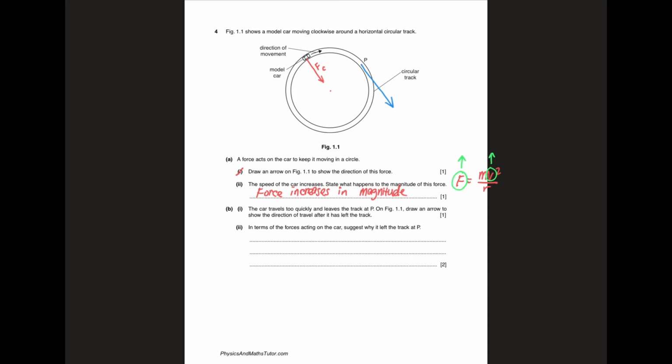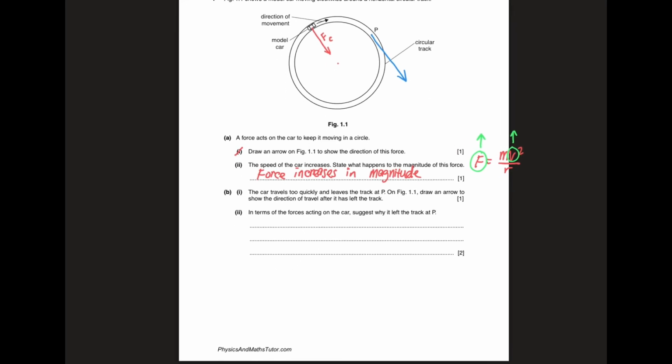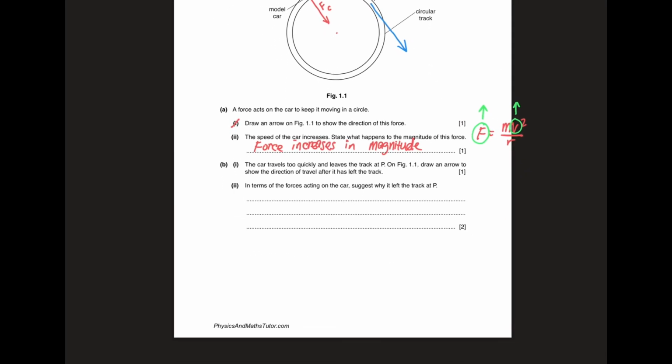Okay, now part 2. In terms of the forces acting on the car, suggest why it left the track at P. Okay, so 2 marks for this question. In terms of forces.